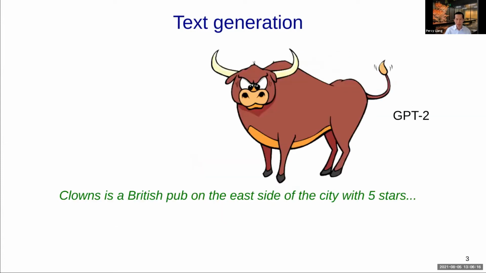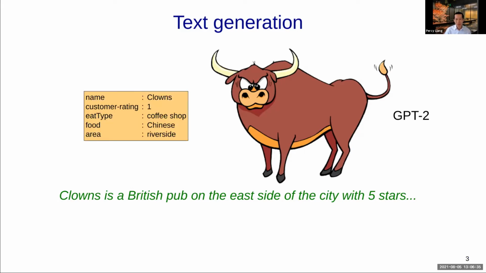Let's take a second example, text generation. We now have huge language models such as GPT-2 or GPT-3 that are able to produce really stunningly fluent prose, but they're known to lie. It's what Stephen Colbert would call truthy, something that looks true but is not necessarily true. So how could we make them generate text that's more consistent with the facts?